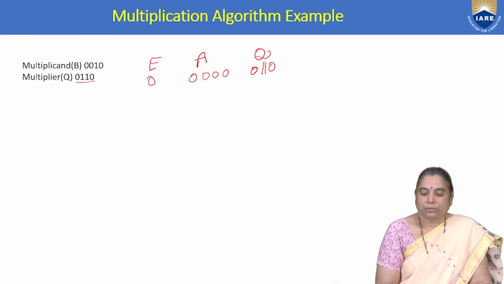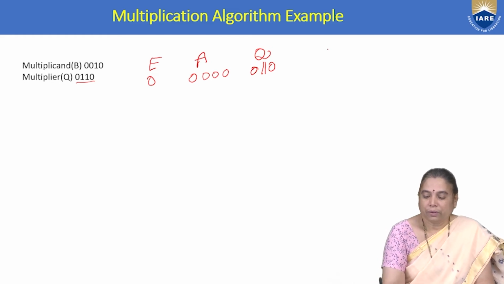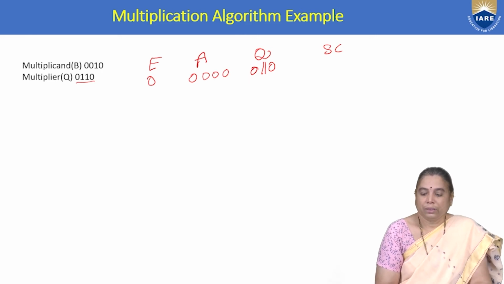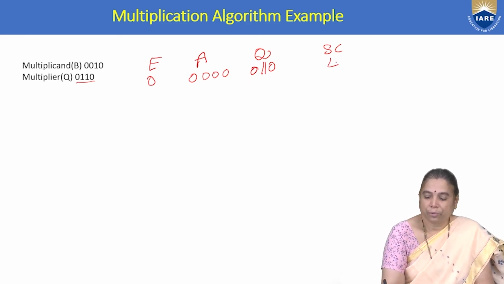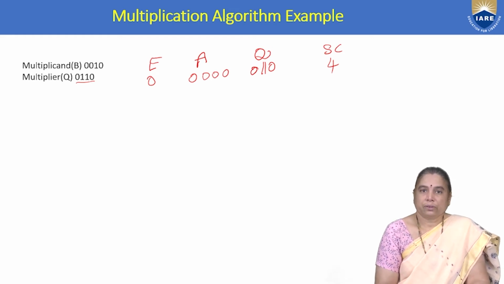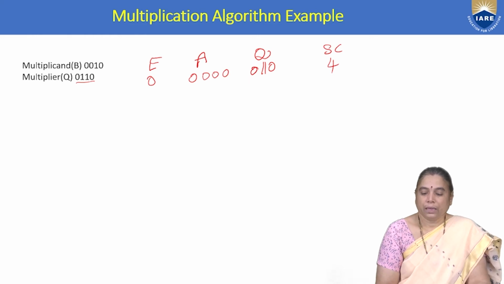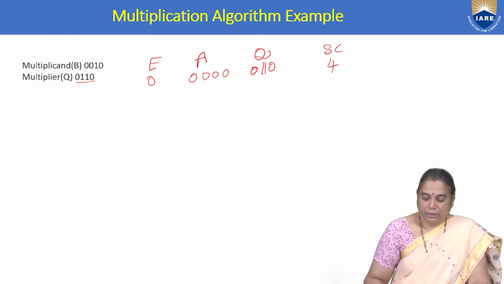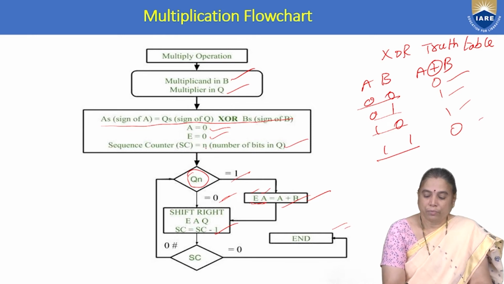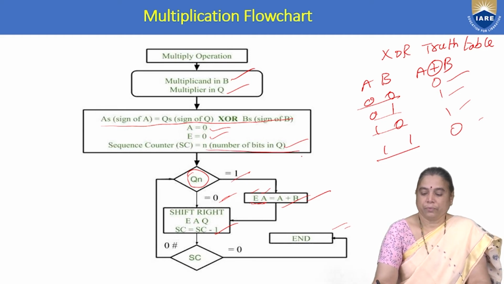Next, the sequence counter SC value has to be initialized with the number of bits in Q, whether you represent it in decimal or binary. So up to this point in the initialization process, A is initialized to 0, E is initialized to 0, and the sequence counter value is equated with the number of bits in Q. This step is considered in the example.